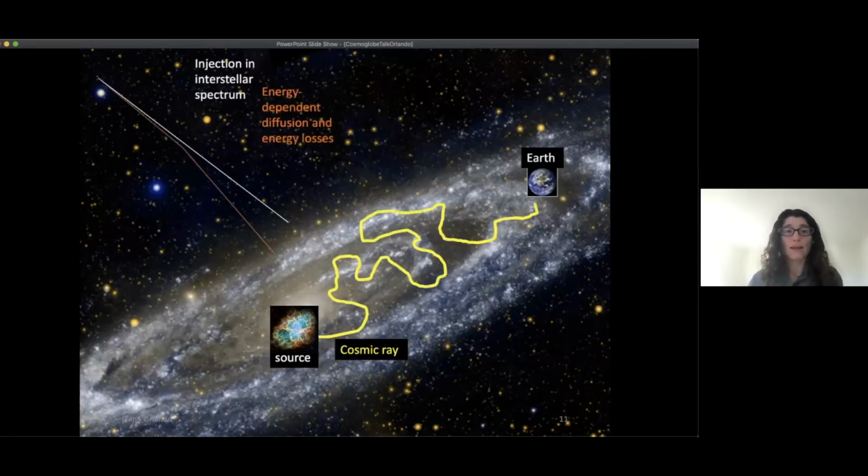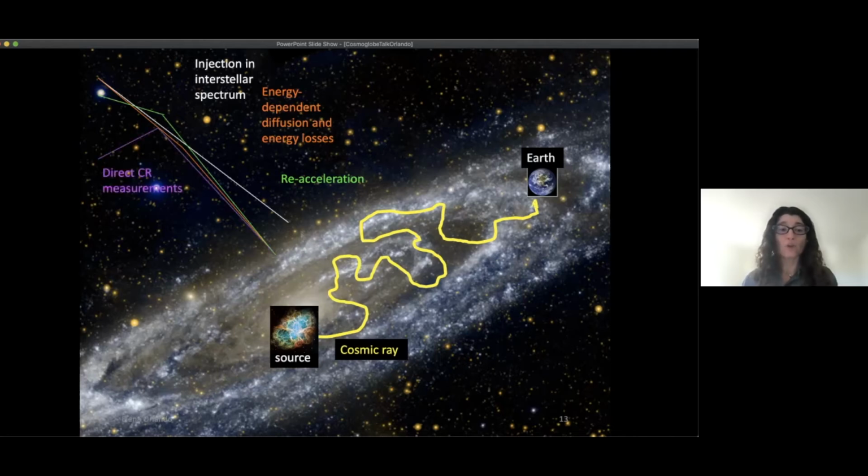So during propagation, cosmic rays are affected by energy-dependent diffusion and energy losses that steepen the spectrum, especially at high energies, and they depend on the magnetic field. Also, acceleration processes change the spectrum as well.